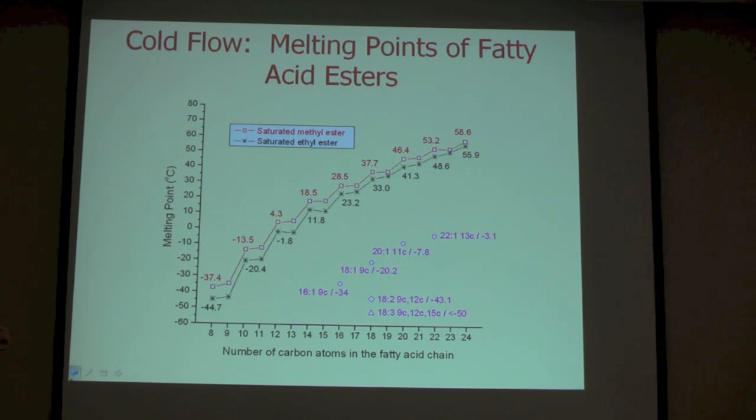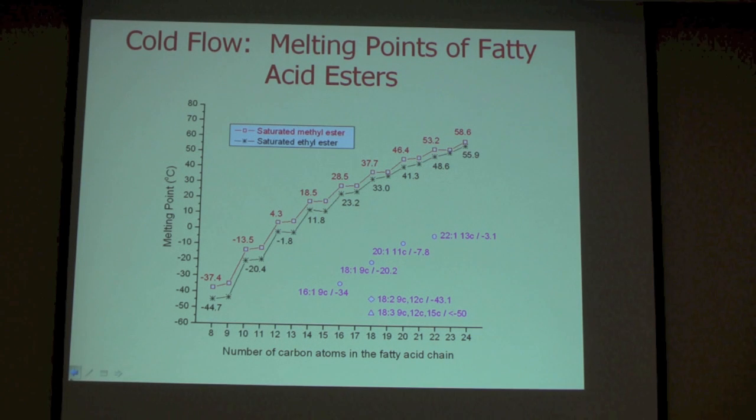Unsaturation, of course, lowers the melting point considerably. For example, methyl oleate, the C18:1, has a melting point of minus 20.2, and the two other classical fatty esters are C18:2 at about minus 43. And the C18:3, I just put the symbol there, but it's actually well below minus 50.